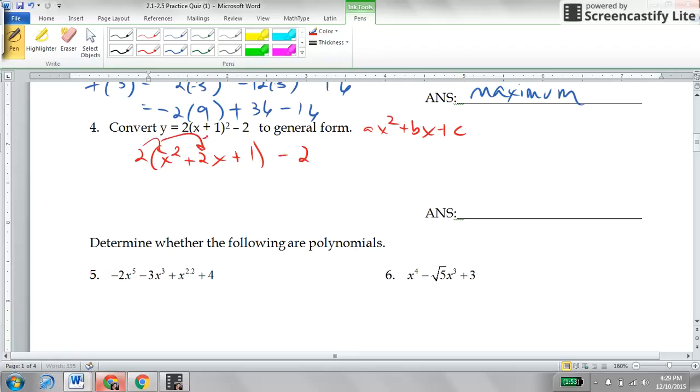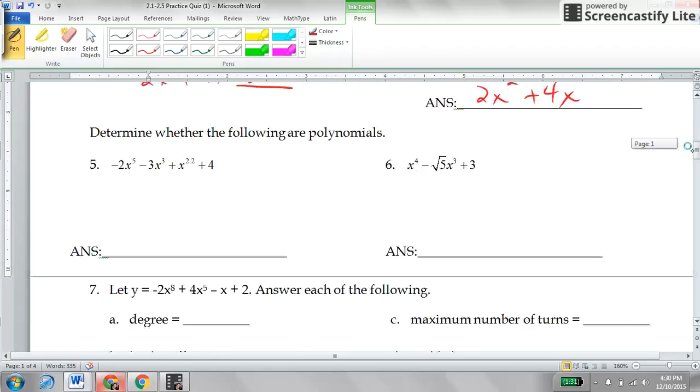Multiply before we subtract 2x squared minus 4x plus 4x plus 2 minus 2. These are like terms. So our answer is going to be 2x squared plus 4x. It does not say to factor my answer. It says to leave it in general form. So we have a 0c. So we're just going to leave it like that.